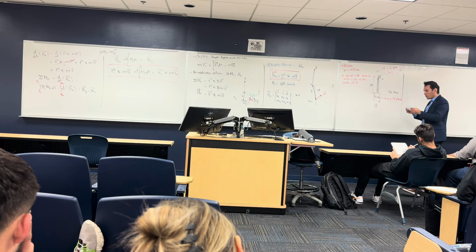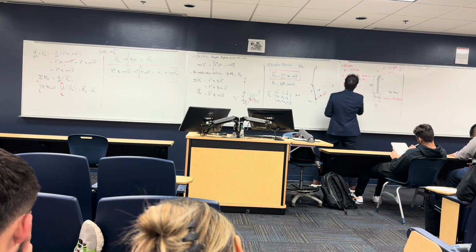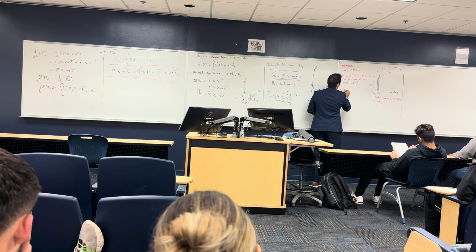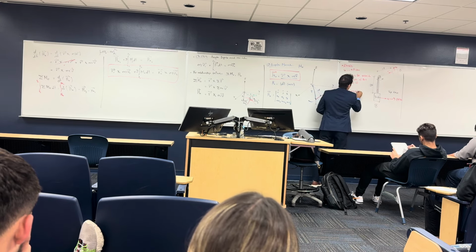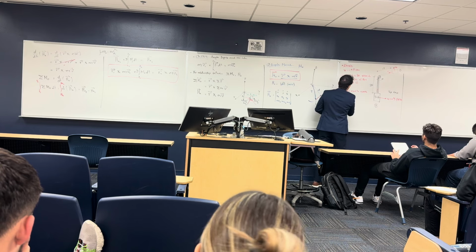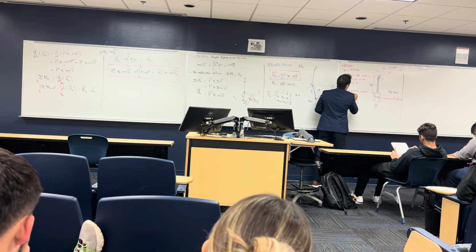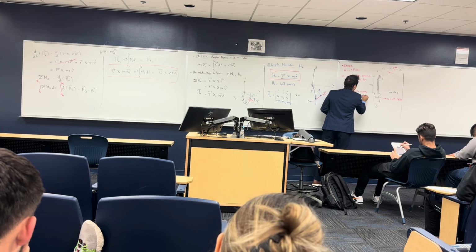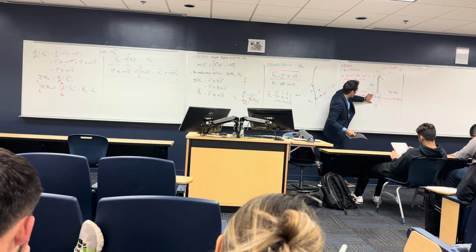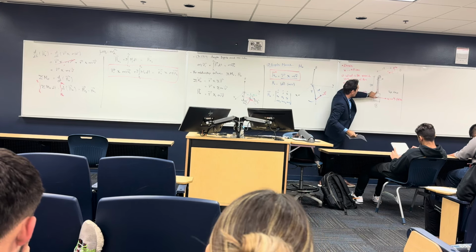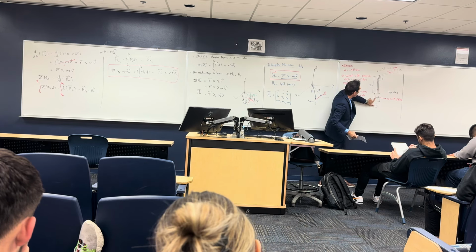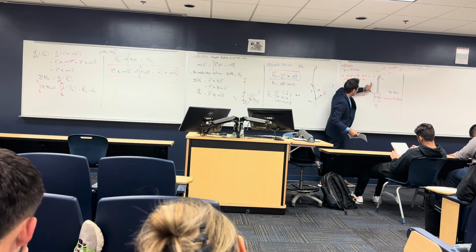So that's number one. Number two, how much work does the arm do? This arm is pushing this crate this way. So there is a force that this arm is exerting to make this body move from 2 feet to 1 foot.